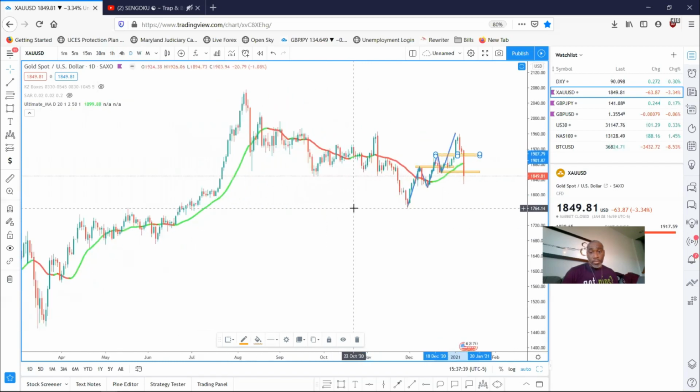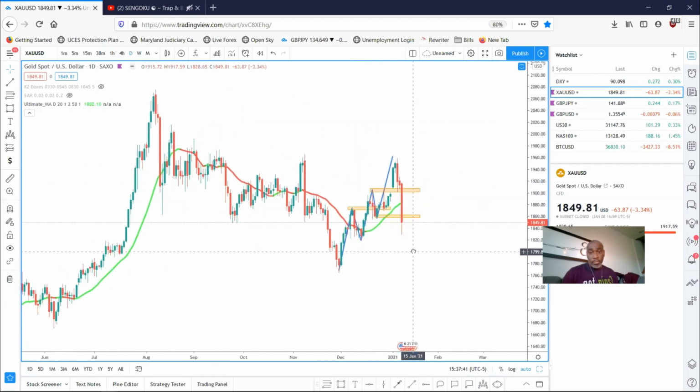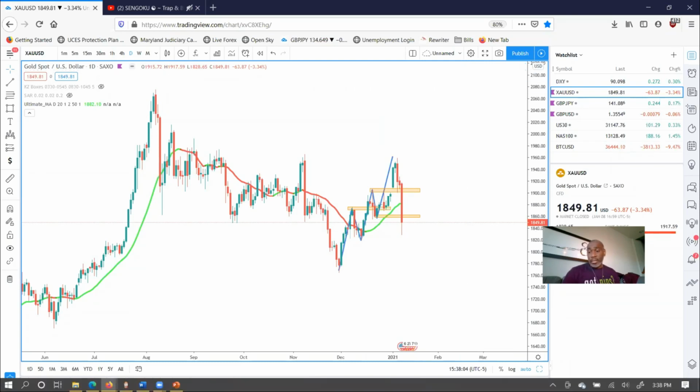That's all that is. Because you can see it, 1, 2, 3, 4, and that's 5. So this market has to come back down and correct itself before it shoots back up.